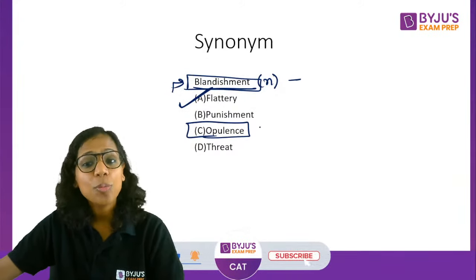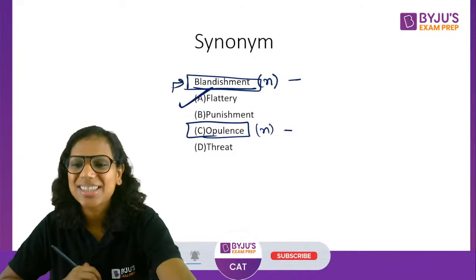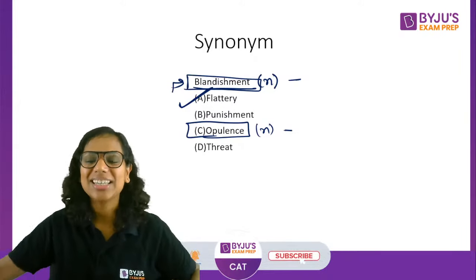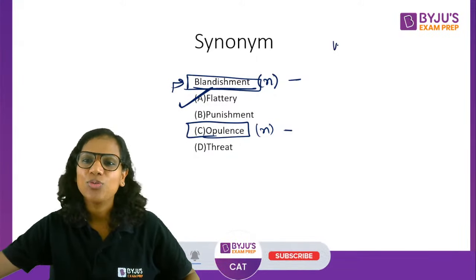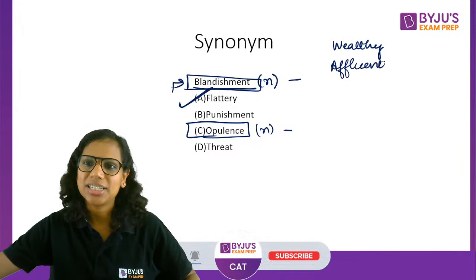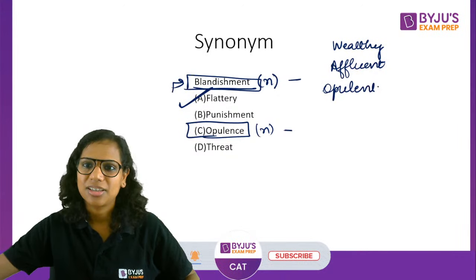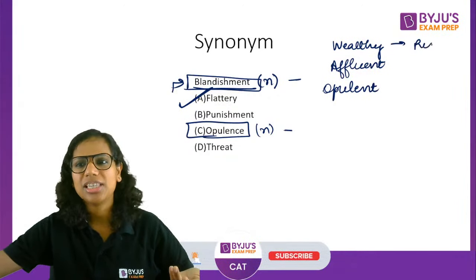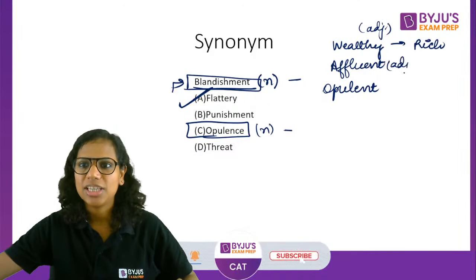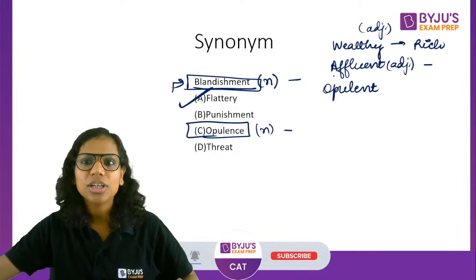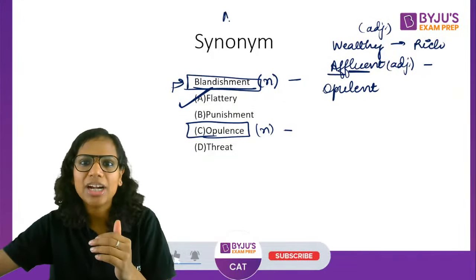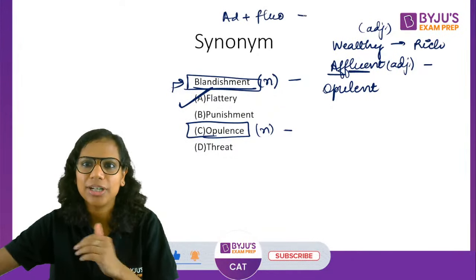Right? Opulence. Those of you who have done Word Power Made Easy, it talks about wealthy, affluent, and opulent. Wealthy means rich, somebody who is rich. When I say affluent, if I break this word, fluo means to flow. Ad means towards. So ad plus fluo combine to make affluent.